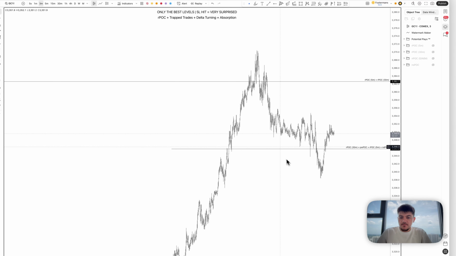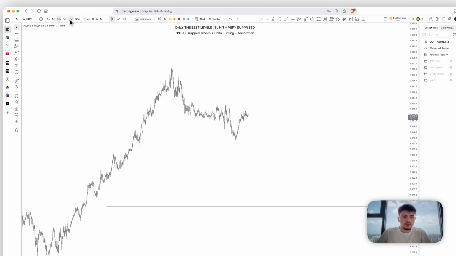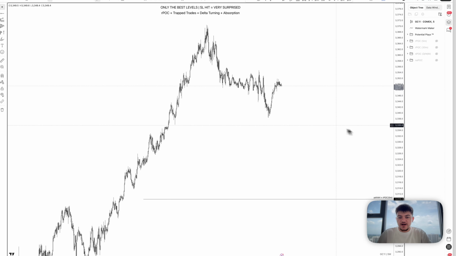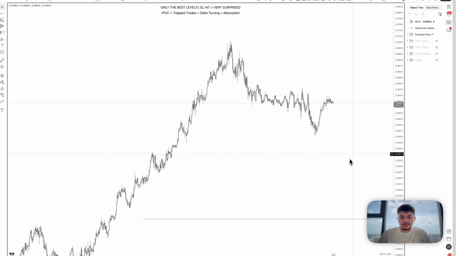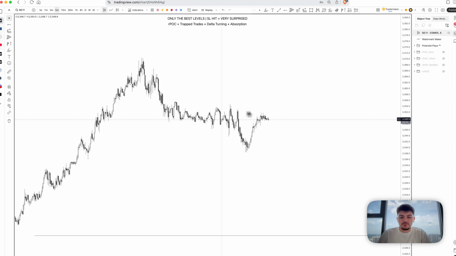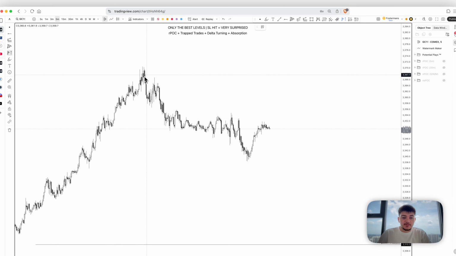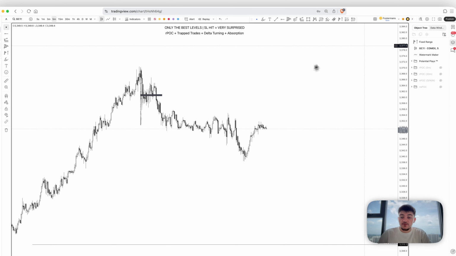But let's get right into it. So we could remove them, okay, because we do not need them. And we could look at these 5 minutes. On the 5 minute, we had this big, huge one. That's annoying. They're hard to trade.